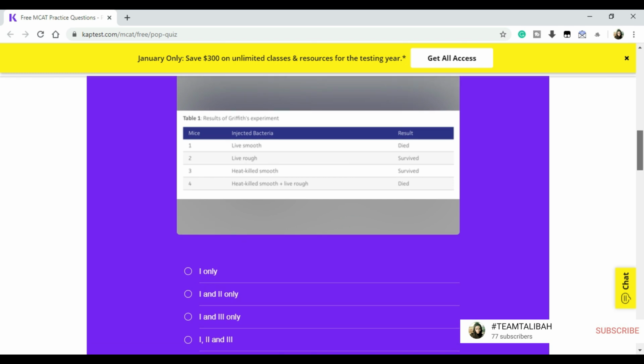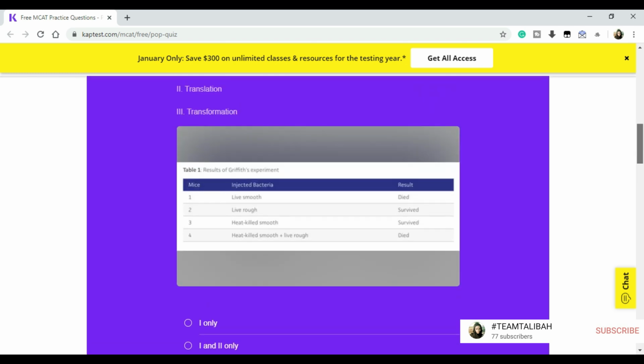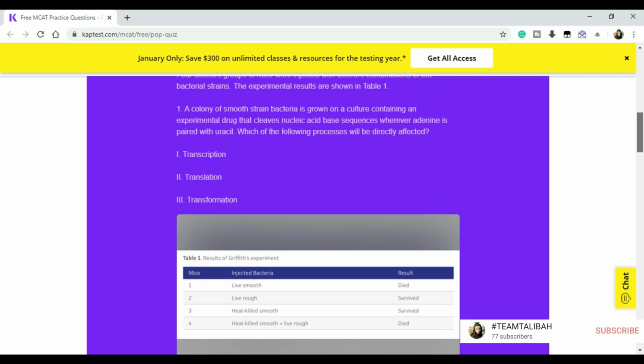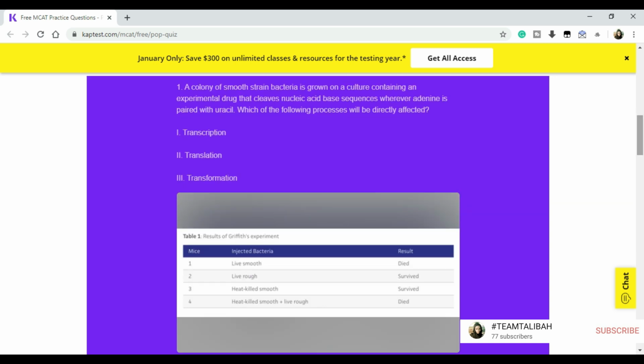I'm going to read it again: translation, transcription, and transformation. The question is, which of the following processes will be directly affected? Basically they're asking which functions within the DNA of the bacteria will be affected by the experimental drug.